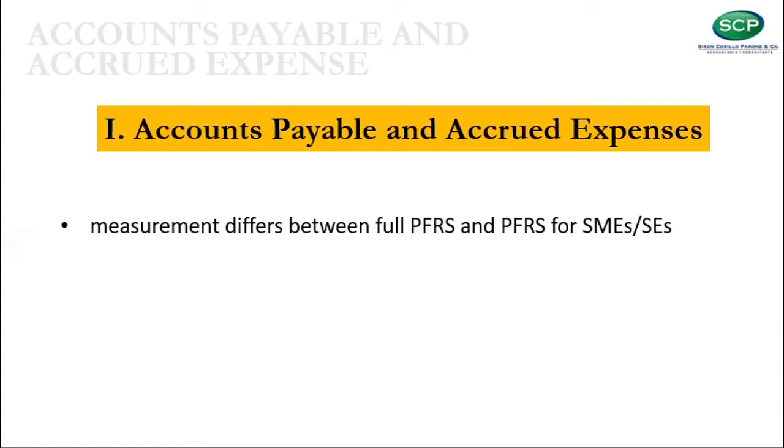Remember this kasi marami nagkakamali dito, especially when disclosing sa financial statements. But under PFRS for SMEs and SEs, these liabilities are required to be initially measured at their transaction price unless the arrangement constitutes in effect a financing transaction.